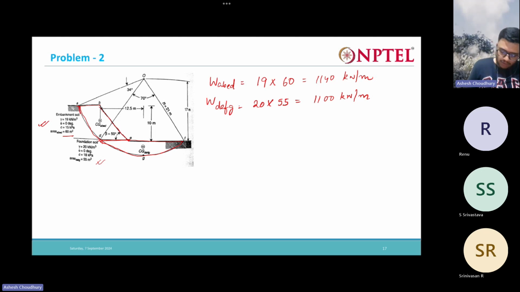Now what is the length of this AD? Can you calculate the length of AD, basic math of class 2-3 standard? The angle is given. You have to find out the arc length AD. How do you do that? So it will be twice pi into 21 into 34 by 360.